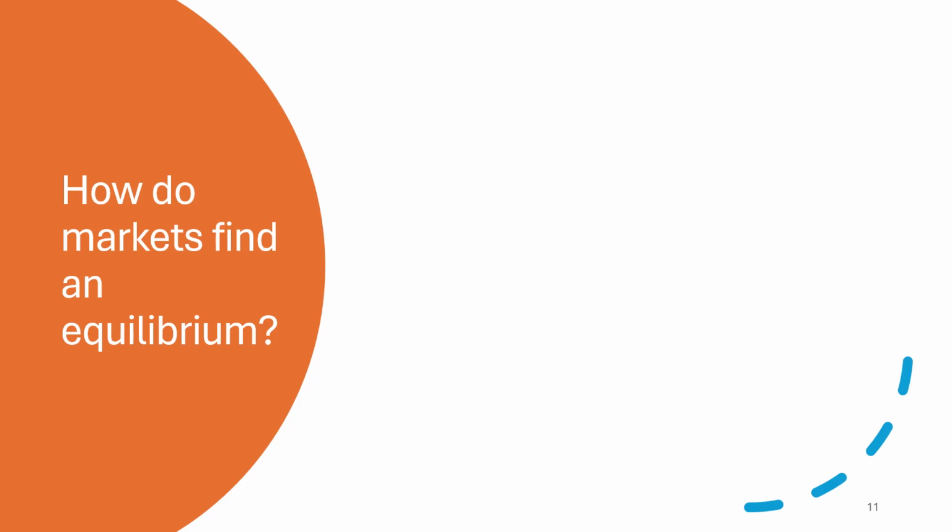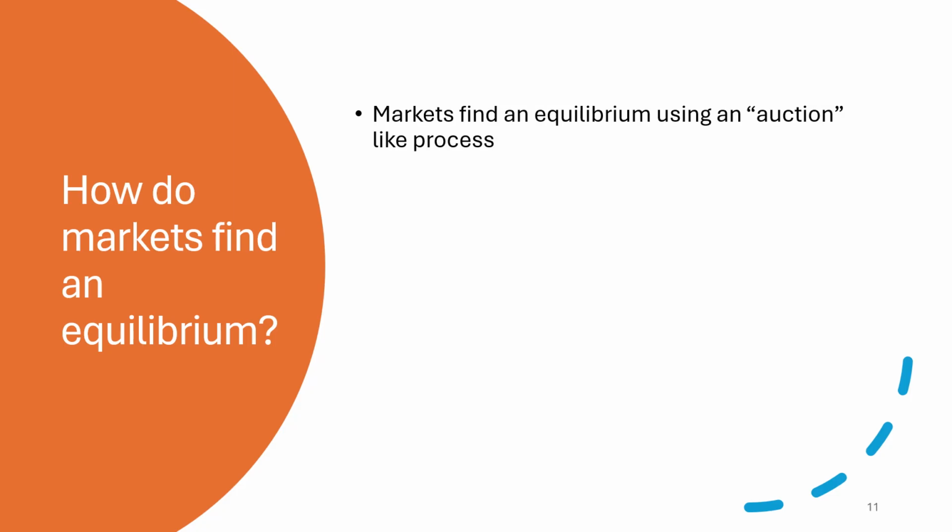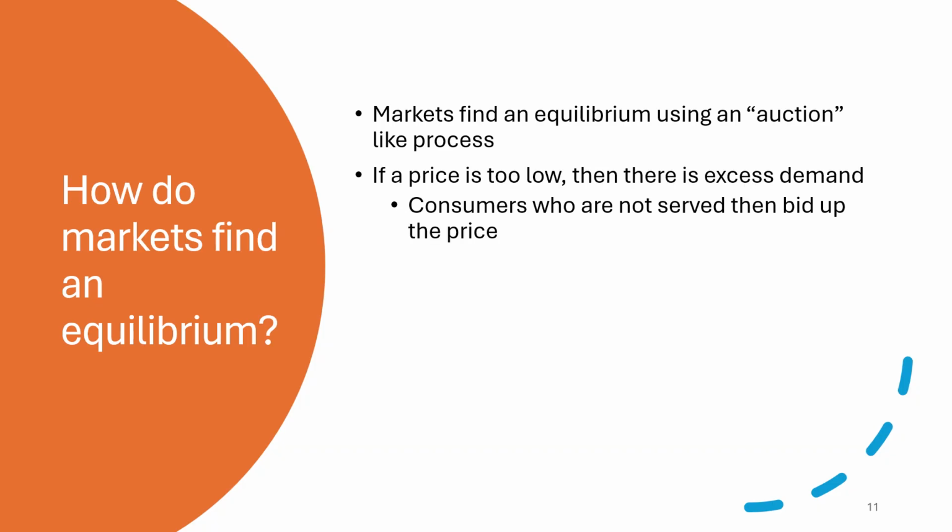And that reflects a process by which markets find an equilibrium. Markets find this equilibrium using an auction-like process. We'll guess a price, and if the price is too low, there might be excess demand, and consumers who are not served at that price will offer to buy the good at a higher price, which increases the price at which this good is actually sold.